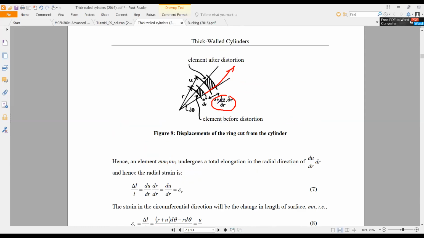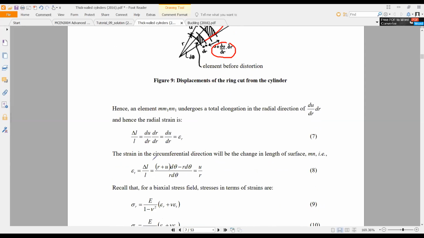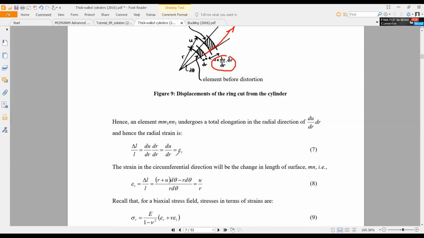And the circumferential direction strain is in this direction. When you calculate this, you need to find the arc length, the initial arc length, this one. It is r d theta, and this arc length is r plus u d theta. That is a radius r plus u. So you need to get the difference between these two arc lengths: r plus u d theta minus r d theta.